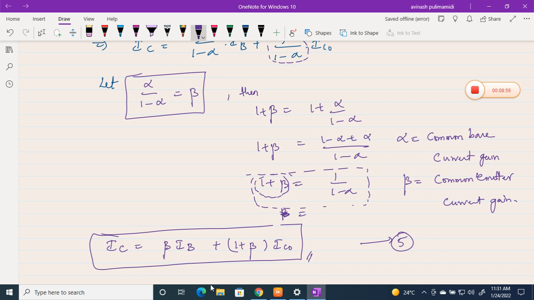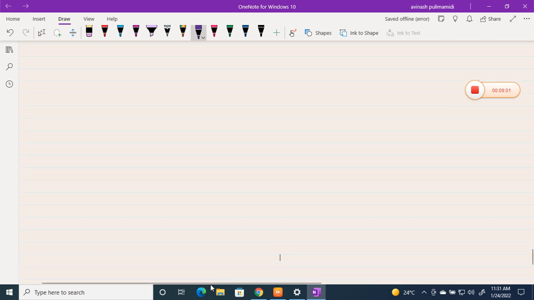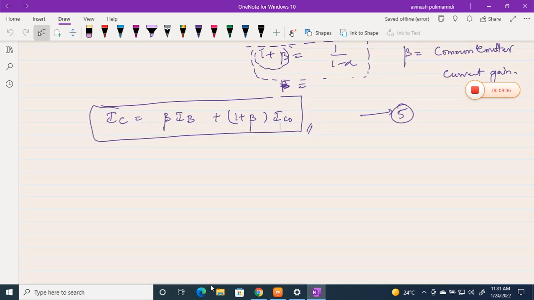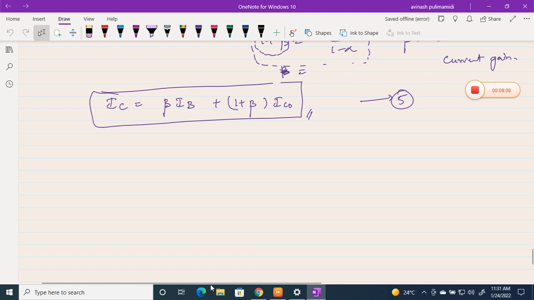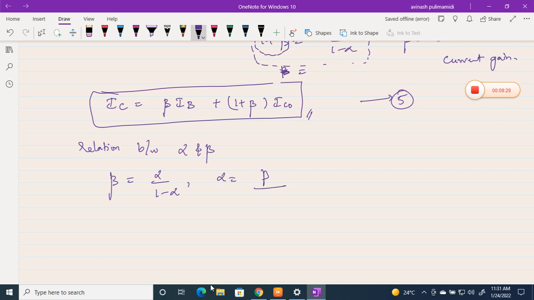Therefore, the relation between alpha and beta is: beta is equal to alpha upon 1 minus alpha, and alpha is equal to beta by 1 plus beta.